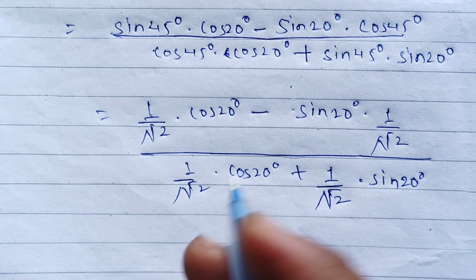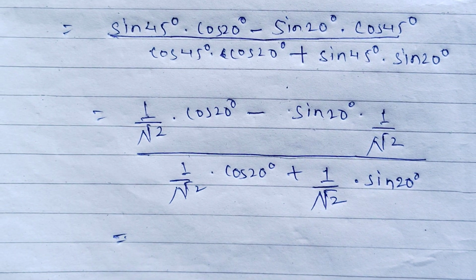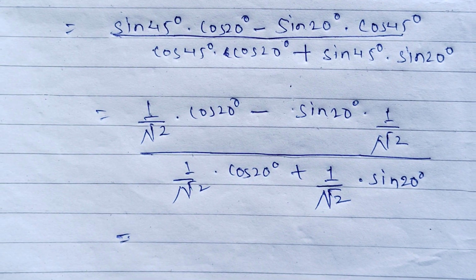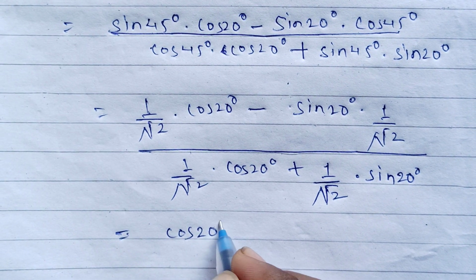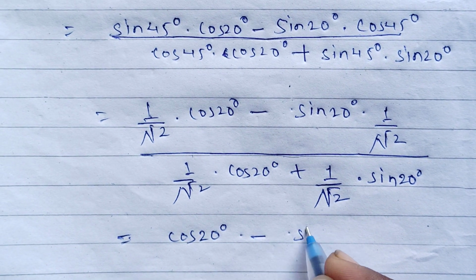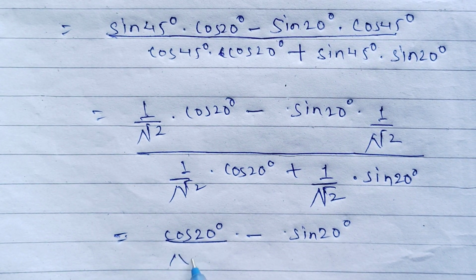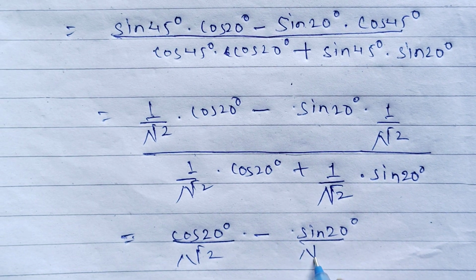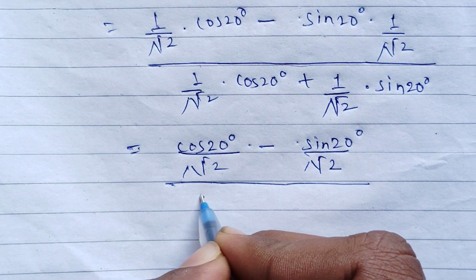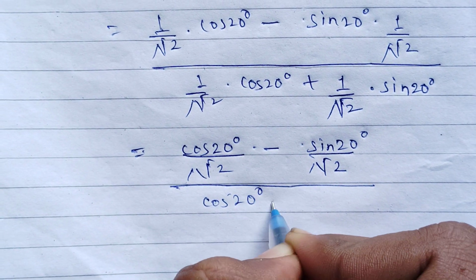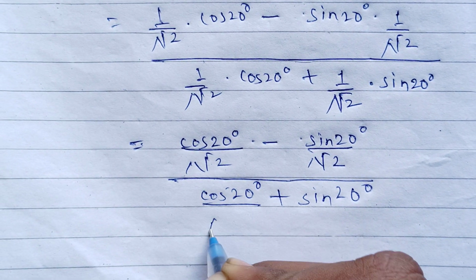If we multiply 1 into cos 20 degrees, the result is cos 20 degrees, because if we multiply 1 with any number, the same number is the answer. So we get cos 20 degrees minus sine 20 degrees by root 2, and similarly in the denominator, sine 20 degrees by root 2.